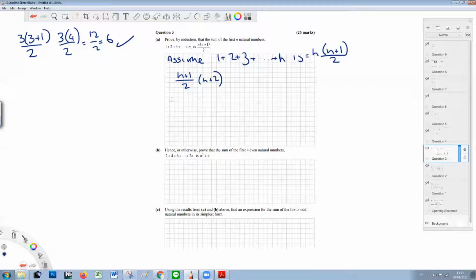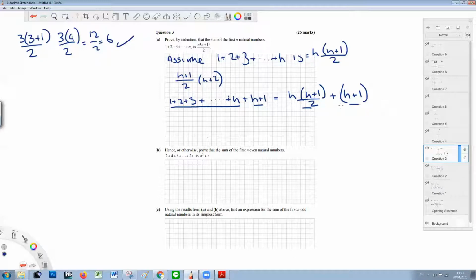So we can also assume now that if 1 plus 2 plus 3 plus and so on plus h plus 1 is going to equal h times h plus 1 over 2 plus h plus 1. So all I've done here is I've said this is equal to this, and I've added on this.